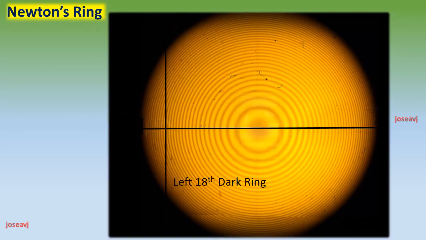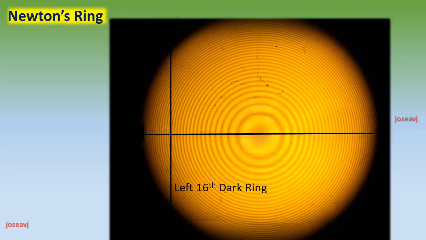Now we are going to turn the microscope towards right. While turning towards right, make the vertical crosswire tangential to the 18th dark ring on the left side and the corresponding reading is noted. Turn the microscope towards right. Make the vertical crosswire tangential to the 16th dark ring and the corresponding reading is noted.